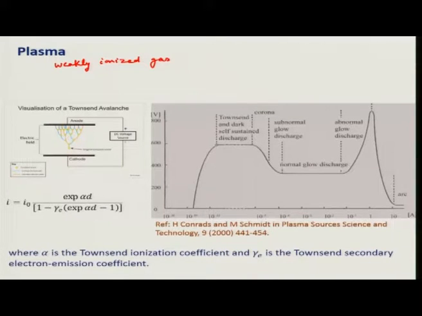We will discuss this weakly ionized later, but it is an ionized gas which consists of ions of the gas. It consists of electrons, and it also consists of some neutral species.